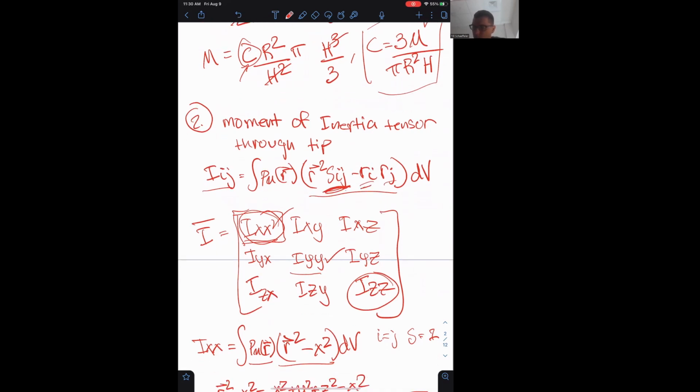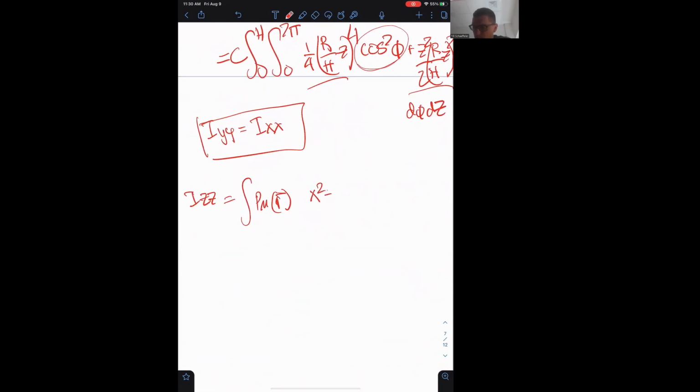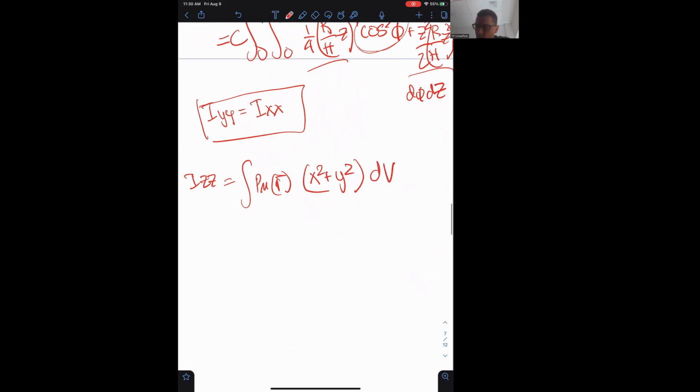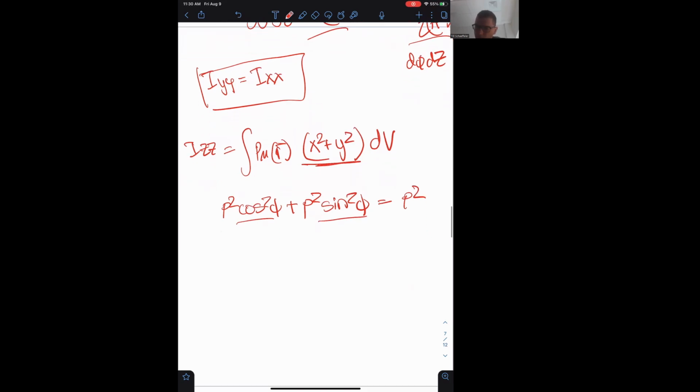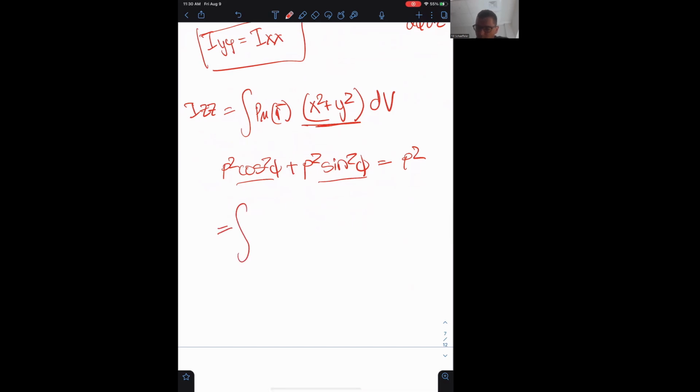And then we have minus z squared, so r squared minus z squared is going to give us x squared plus y squared dV, and this will simplify very nicely because it's rho squared cosine squared phi plus rho squared sine squared phi, which is equal to just rho squared, because cosine squared plus sine squared is equal to 1 after you pull the rho squared out. So, setting the limits again.